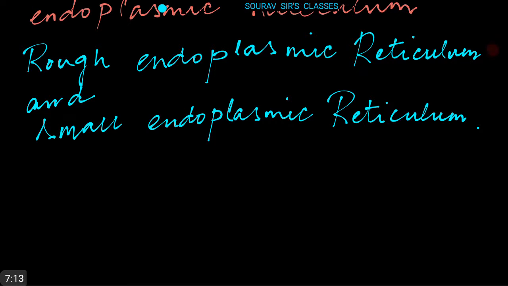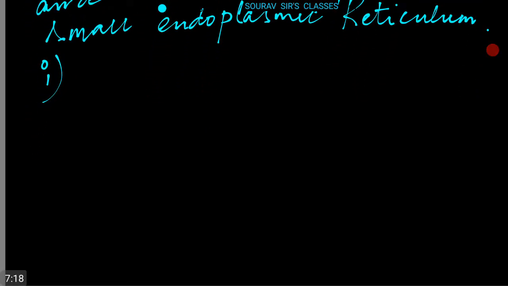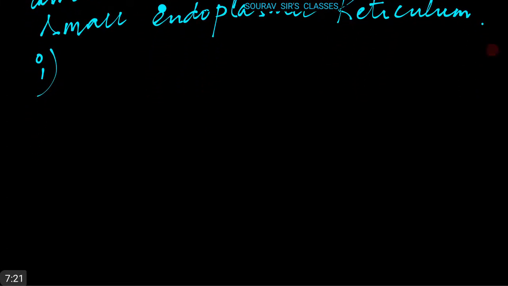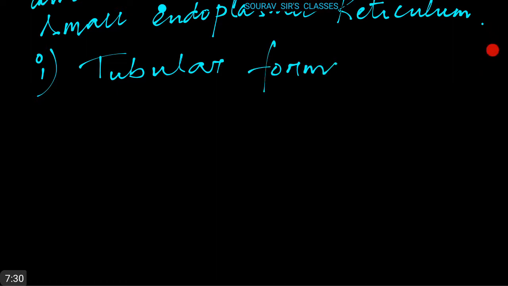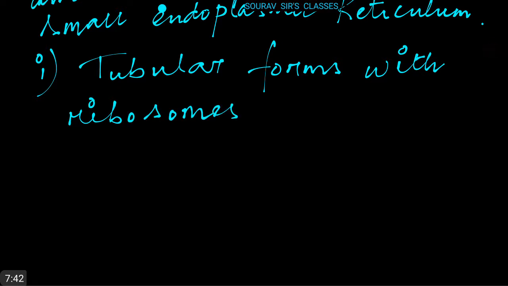Now again it can be divided into two parts, tubular forms with ribosomes and tubular forms without ribosomes.